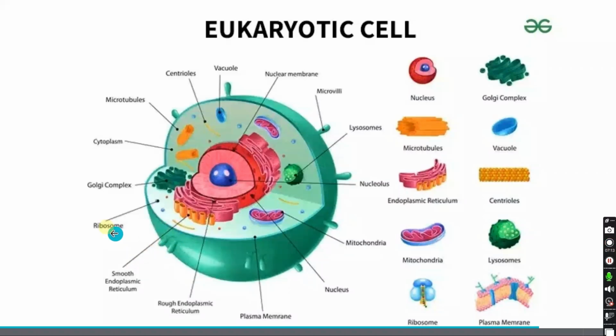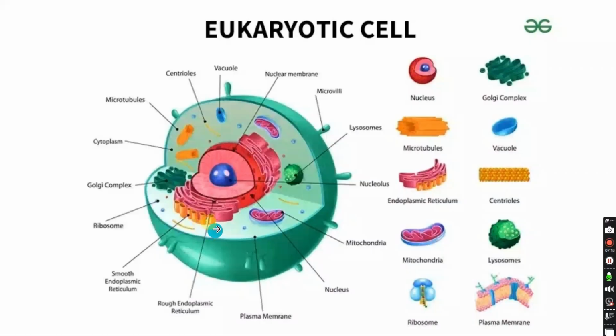The one that has more ribosomes sticking onto the surface is the rough endoplasmic reticulum. Usually, the closer the endoplasmic reticulum is to the nucleus, the rougher it gets.